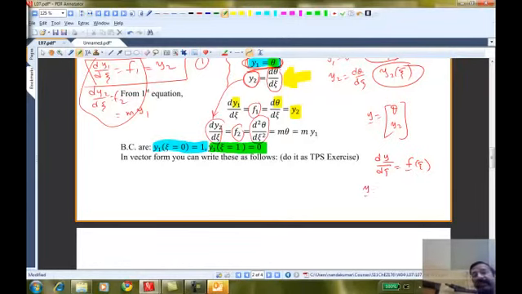Y is a vector which consists of y1 and y2, or as he pointed out, theta and y2. And f is a function which consists of f1 and f2. So what is the vector y and what is the vector f? Just take a few minutes, talk to each other if you like, and come up with that vector representation.